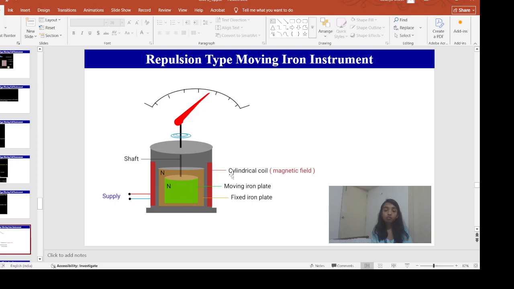It will magnetize the fixed and moving iron plates, and accordingly a repulsion force will act between them. The moving iron plate will move away, and the pointer will get deflected. The reading the pointer shows on the scale will be the value of the current or voltage that you are supplying.